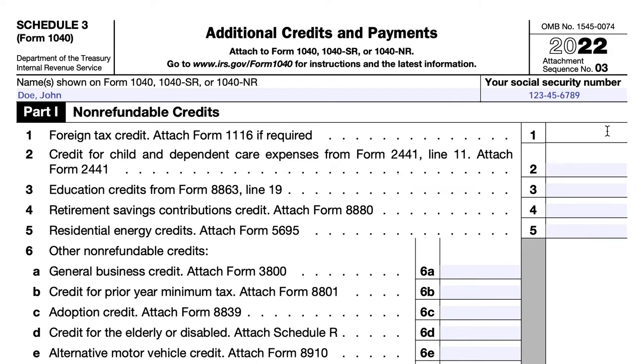However, for most taxpayers, this might happen because they have stocks and bonds or some sort of securities that produce foreign source gross income.